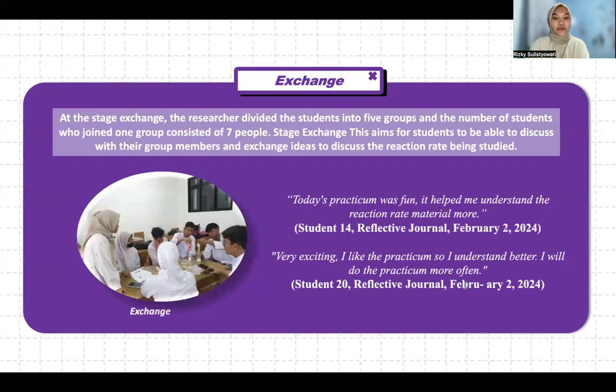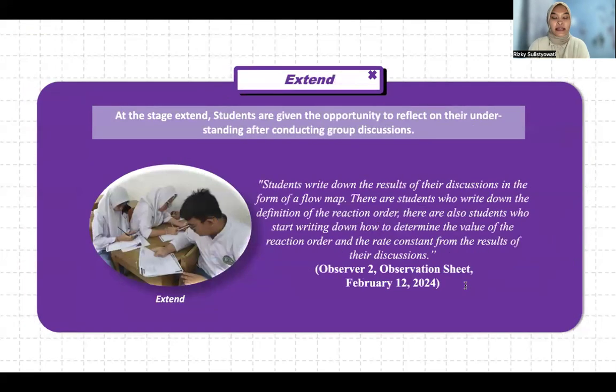And we are moving to the fifth stage of the 8E learning cycle, which is group learning, the exchange stage. At this stage, the researcher divided the students into 5 groups, and the number of students in one group consists of 7 people. The exchange aims to let students discuss with the group members and exchange ideas on the reaction rate being studied.